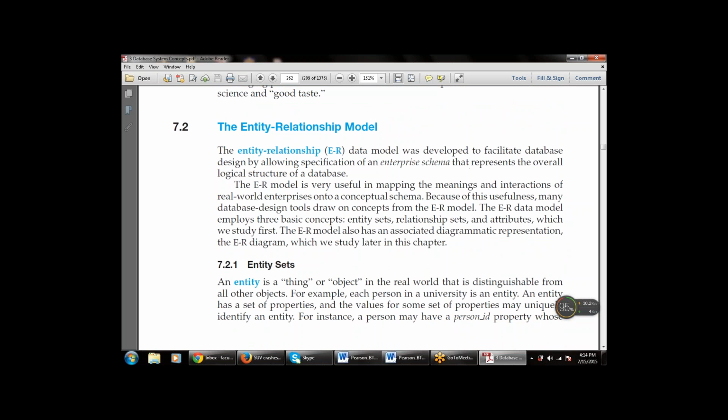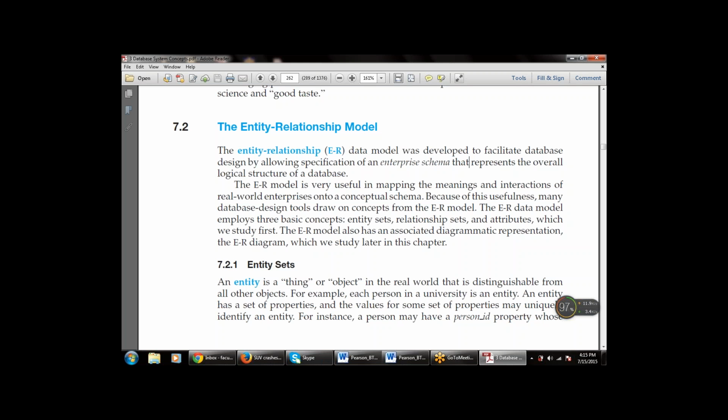The ER model is very useful in mapping the meanings and interactions of real world scenarios, that is, how to deal with the various entities and what the relationships between the various entities are, which we discussed in the last class.